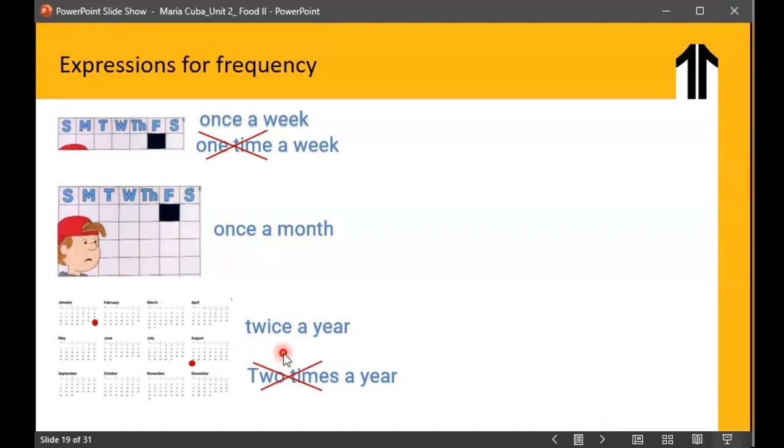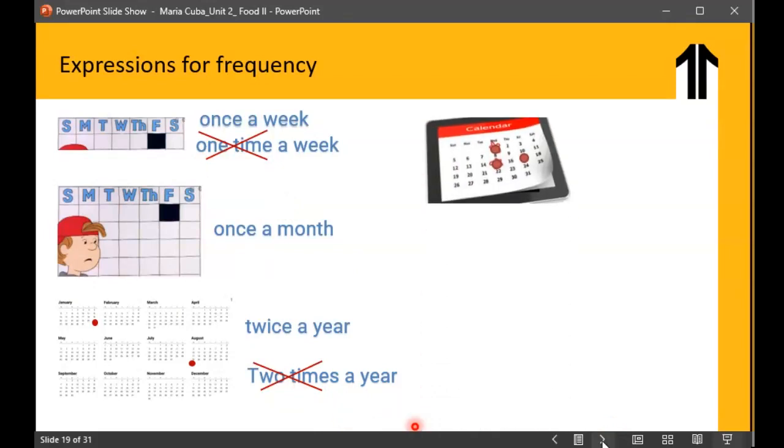Okay, the expression is twice. 2 times a year, not possible. 3 times, yes, it's possible. 3 times, 4 times, 5 times is possible. But 1 time and 2 times is not correct. Or they are not correct expressions.